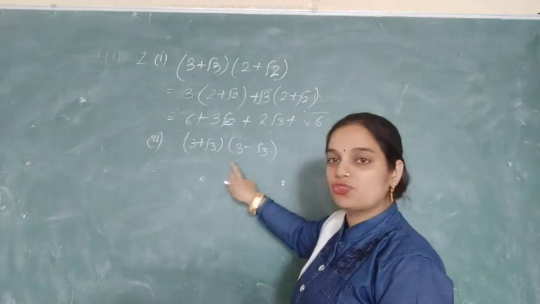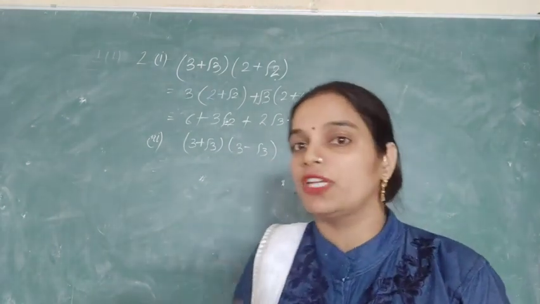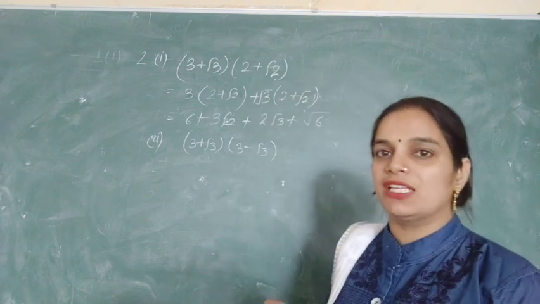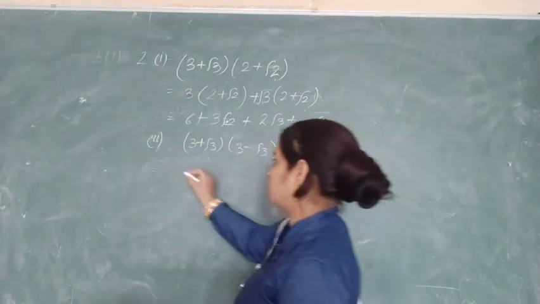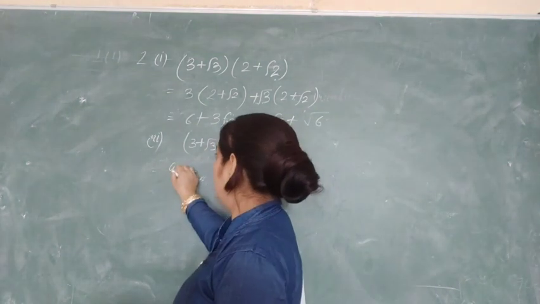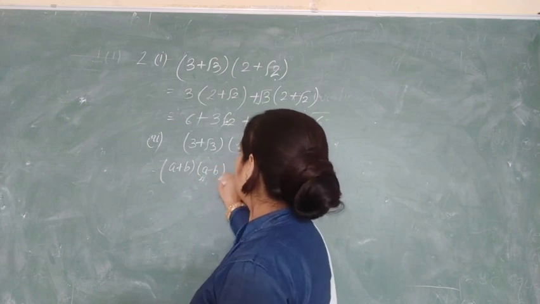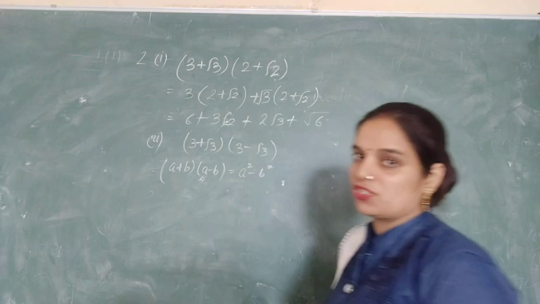We will multiply these 2 expressions, and both expressions are of opposite sign. So we can use here the identity a plus b into a minus b, that will be equal to a square minus b square.